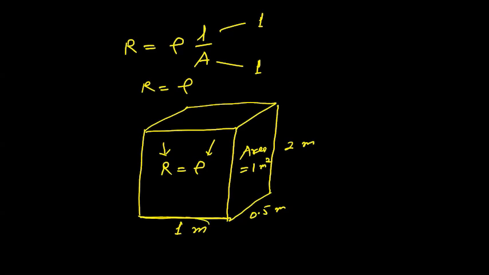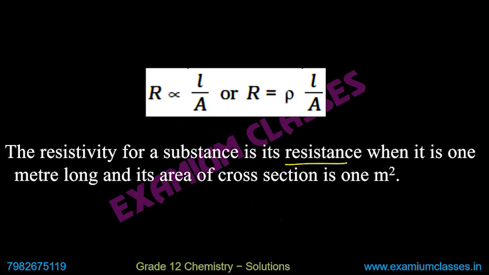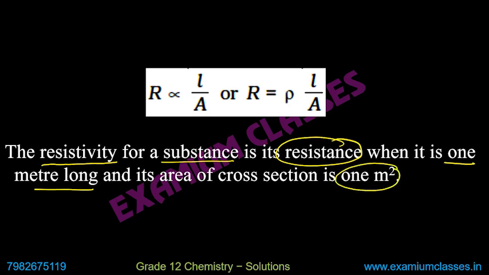Only the length must be one. Area in any form should be 1 meter square. So that's what is written here. Definition of resistivity: resistivity for a substance is its resistance when it is 1 meter long and its area of cross section is also 1 meter square. So the definition is given by this formula.